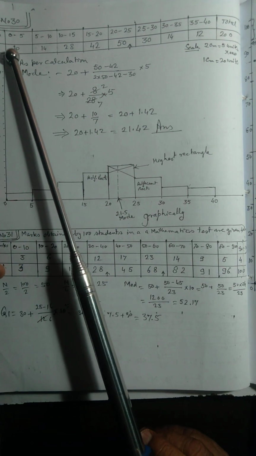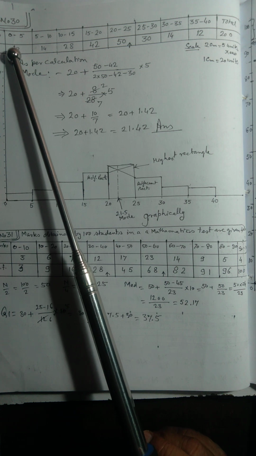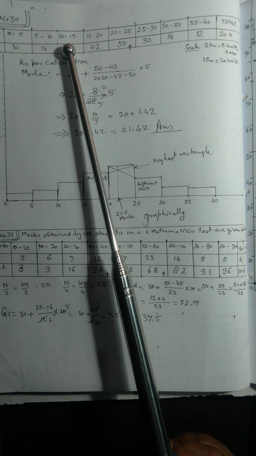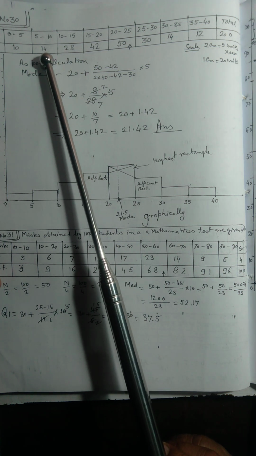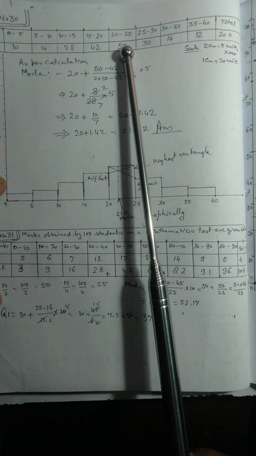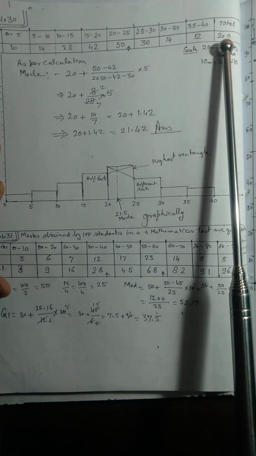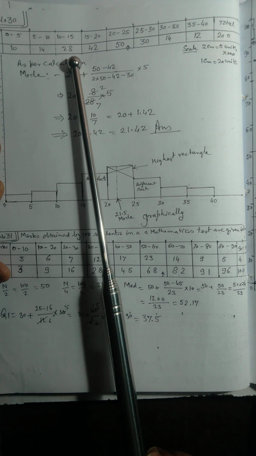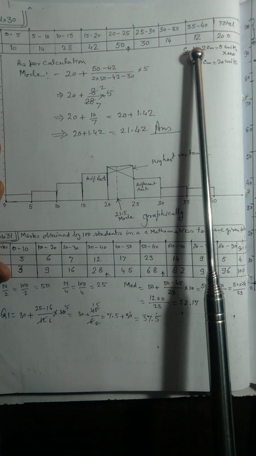See, the classes are 0 to 5, 5 to 10, 10 to 15, 15 to 20, 20 to 25, 25 to 30, 30 to 35, 35 to 40. Now the frequencies are 10, 14, 28, 42, 50, 30, 14, 12.